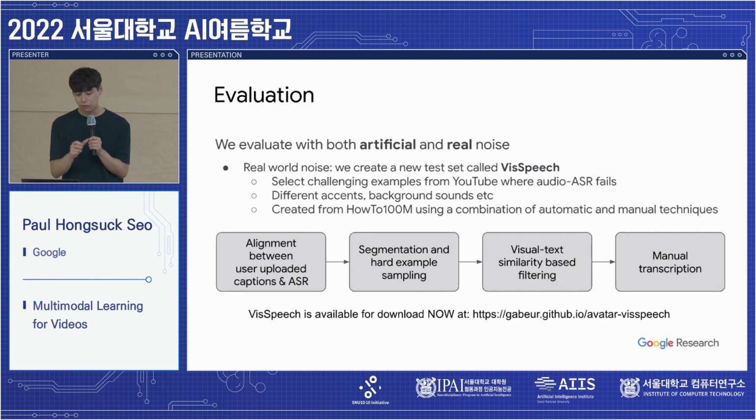Then we also measured visual and text similarity, and sampled those examples that have high similarity scores, so that there is high relevance between visual signals and what is actually said. And then we did manual transcription so that we have a clean ground truth data set.